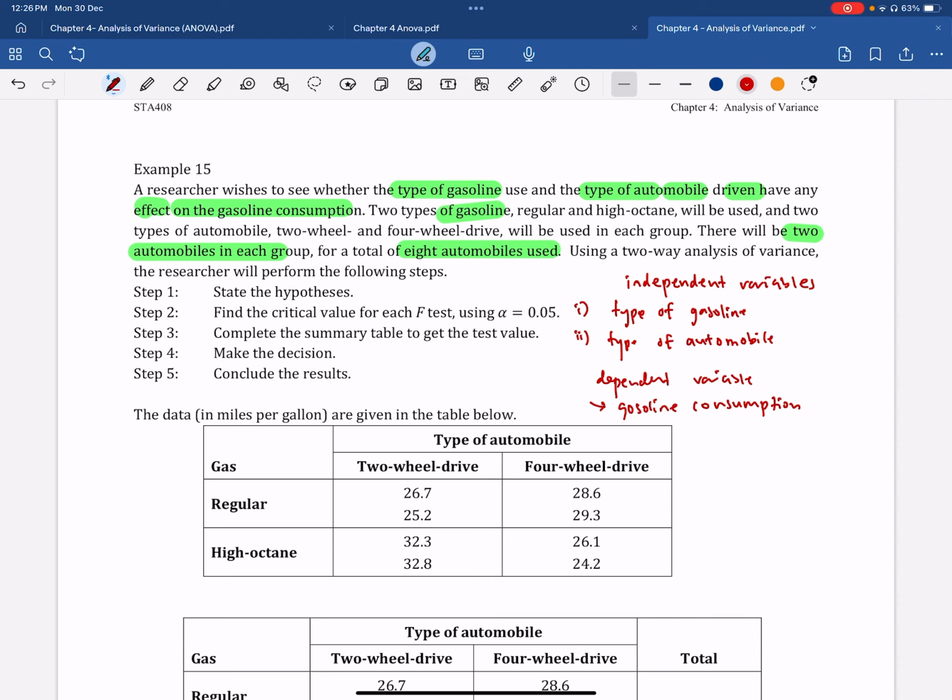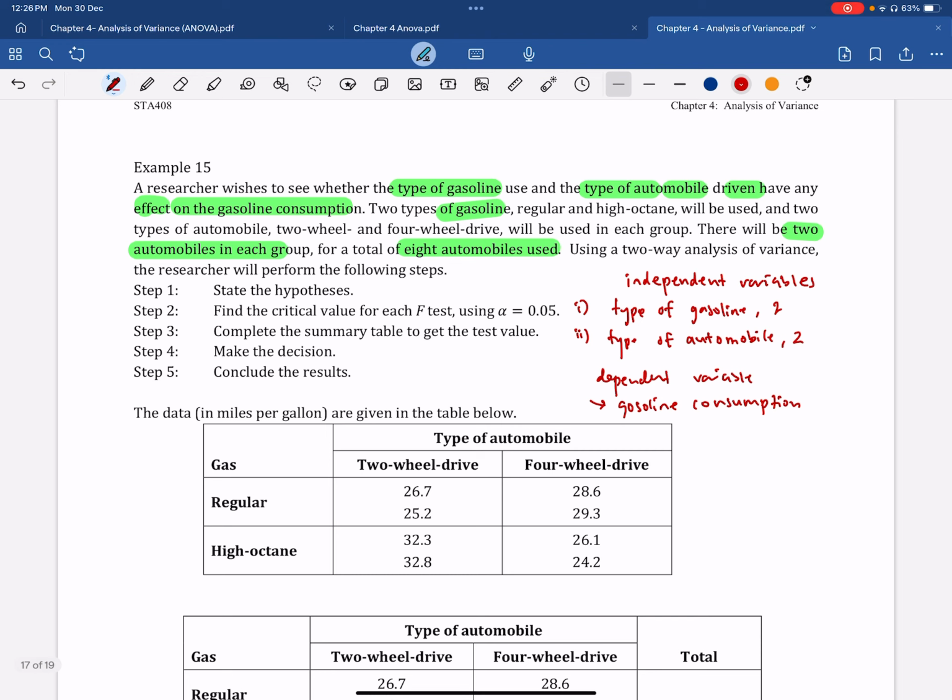And how many levels for each of your independent variables? You have two types of gasoline, and I say that this is A. And how many types of automobile? Two types also. So these are the levels for each of our independent variables.